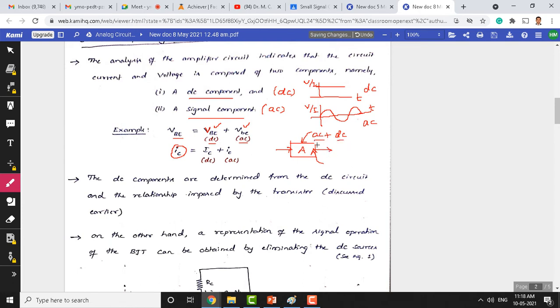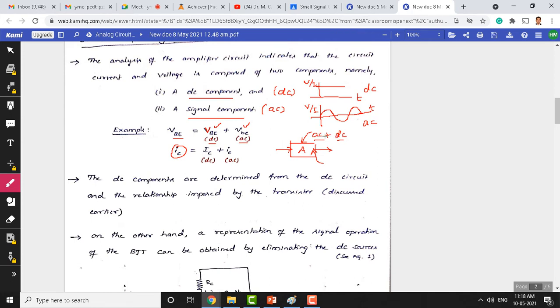Now, to analyze this amplifier circuit and to understand more details on that, we need to separate the AC components and the DC components here. It becomes difficult for us to analyze the circuit when both AC and DC signals are present simultaneously.